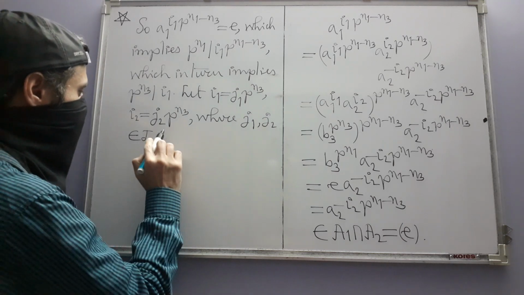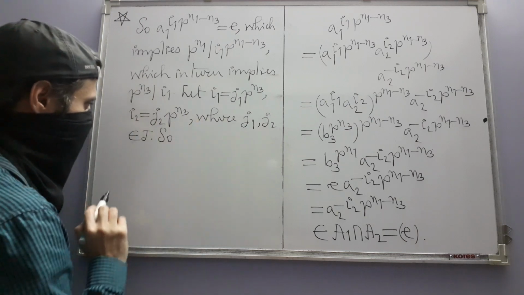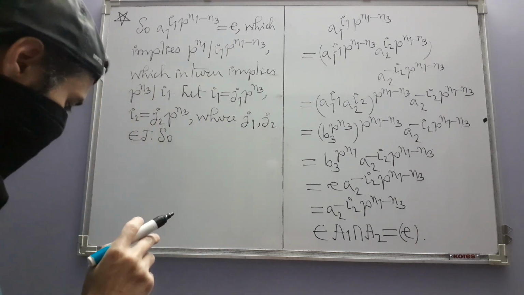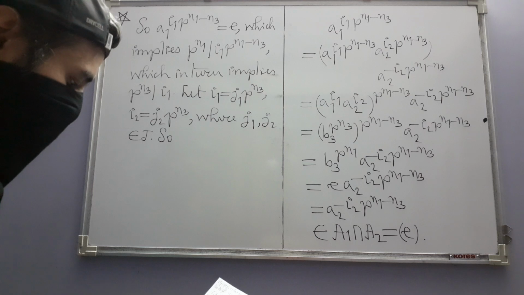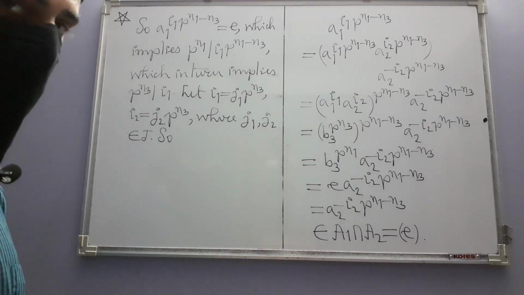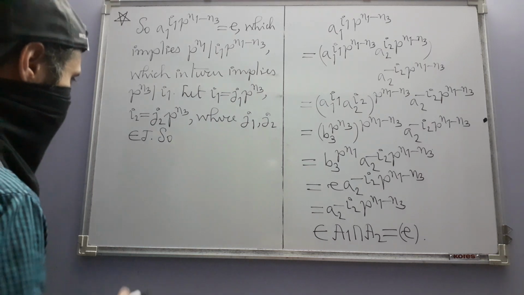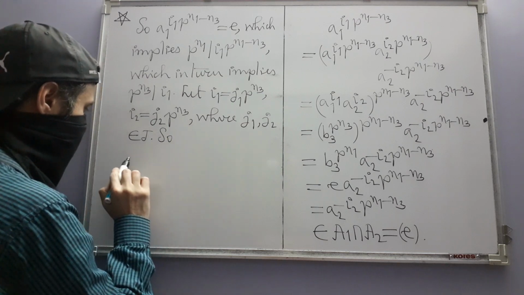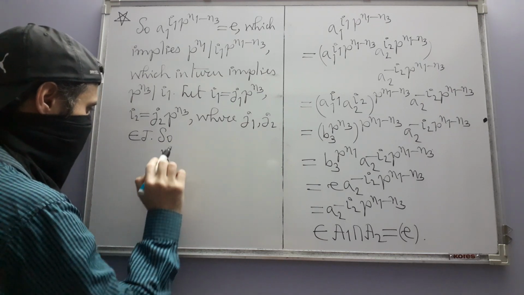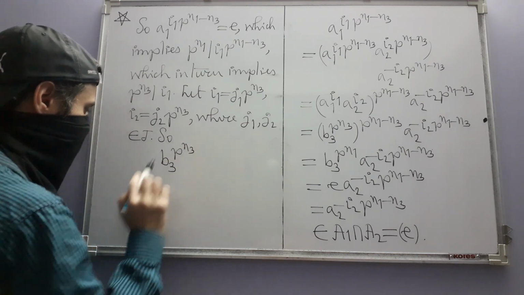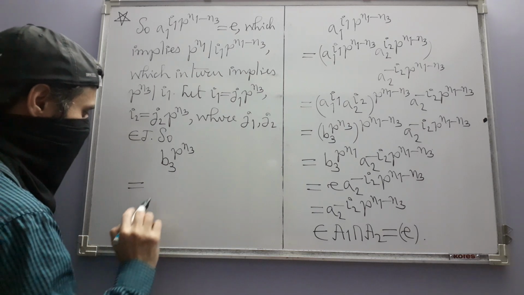So, after having these expressions, what type of form now b3 to the power p to the power n3 takes? b3 to the power p to the power n3 now becomes what?